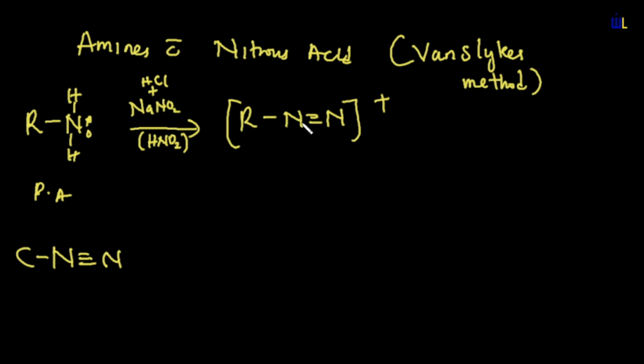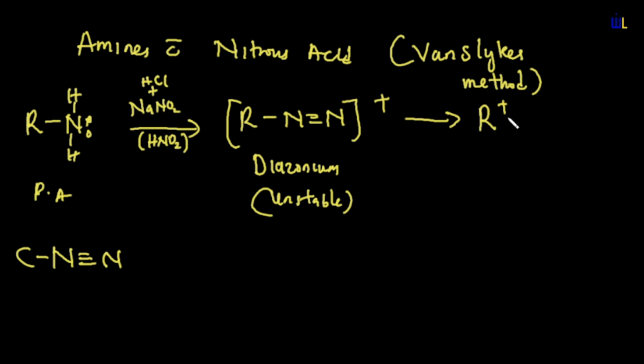Now, this particular diazonium salt is unstable, and because it is unstable, it will eventually split into an alkyl carbocation, which means you have the R group with positive sign in addition to nitrogen gas. So whenever you react a nitrous acid with a primary amine, what gas is going to be given off? Nitrogen gas.